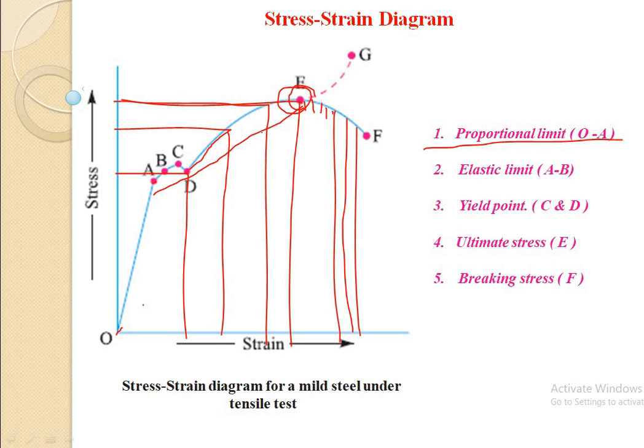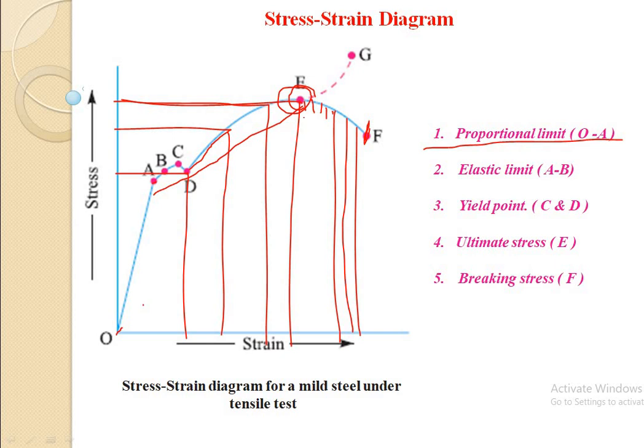A little consideration will show that the stress necessary to break the specimen is less than the maximum stress. Though the specimen has not broken here, it will break here. That's why it is known as the breaking stress. From this point the cross-sectional area goes on decreasing, and if we apply a little load on the component, it will break.